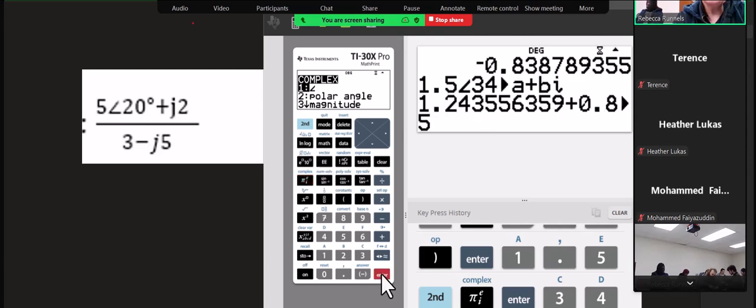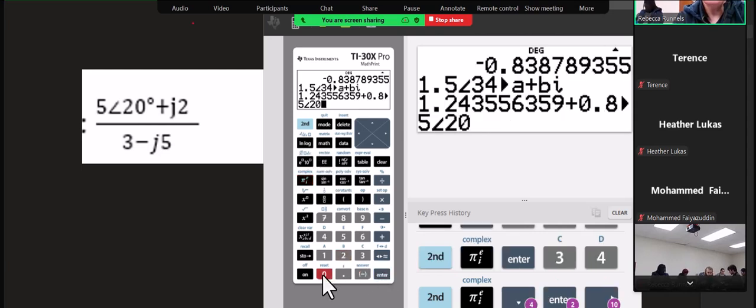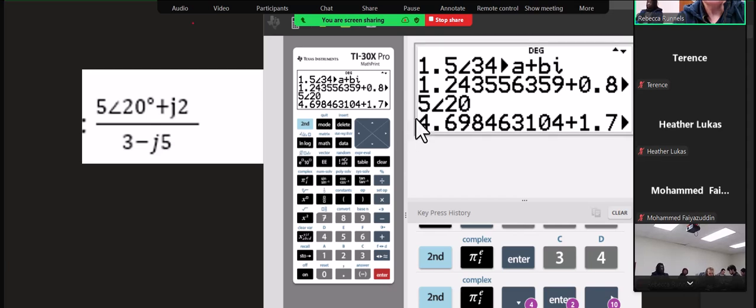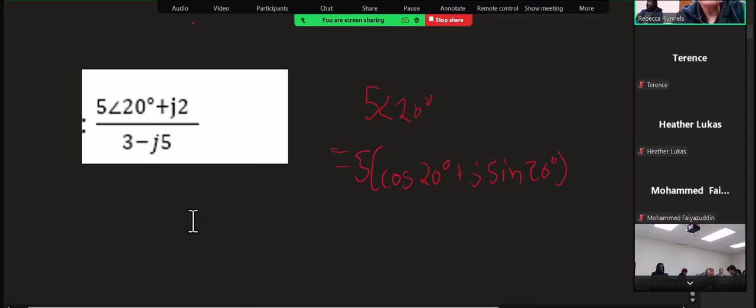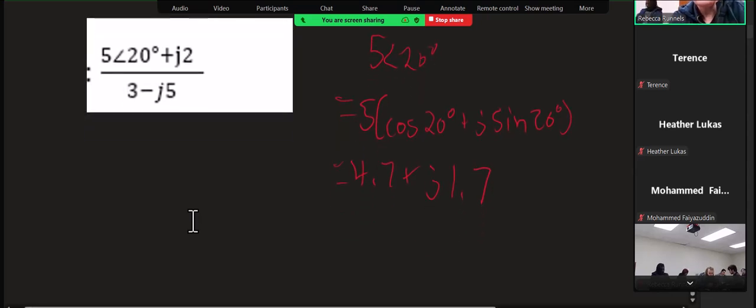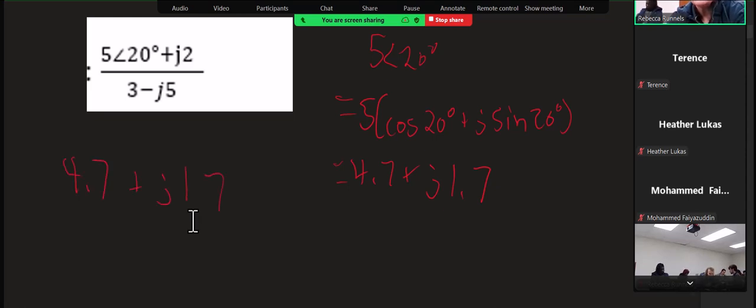I've shown that that's what I would do, and rather than typing that in twice, it's 4.7 plus j1.7. So that numerator becomes 4.7 plus j1.7, over 3 minus j5.